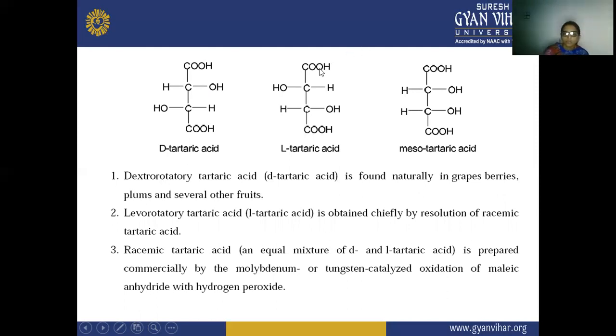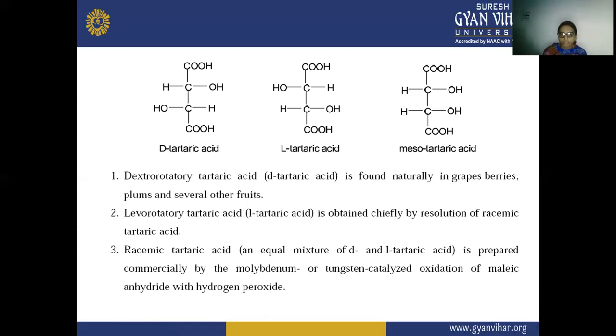So this is the D form, and in the other, the hydroxy is on the right side and the left side. So this is the L form. This is the mesotartaric form, because here both halves are the same, and this is the racemic form. If you divide it in a plane of polarized light, then this half is the same and this half is also the same.